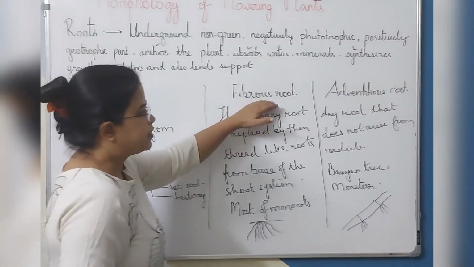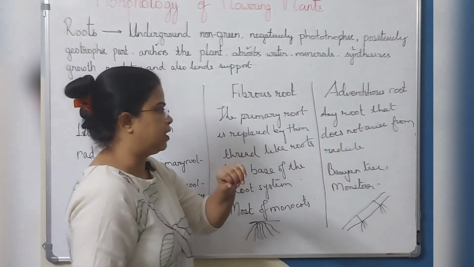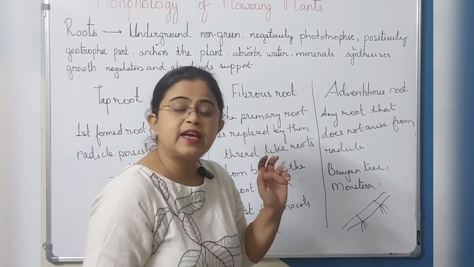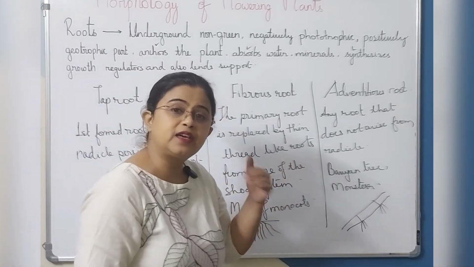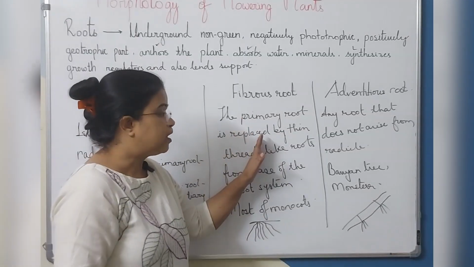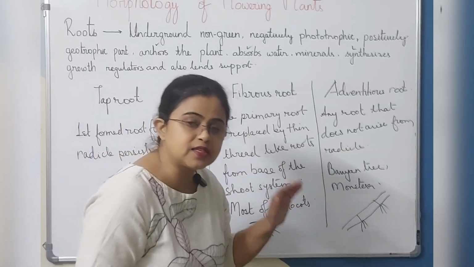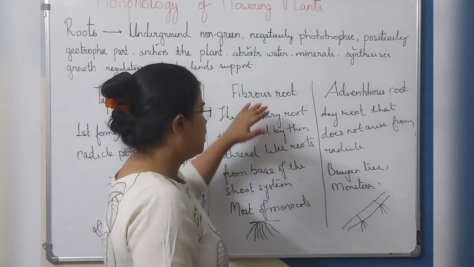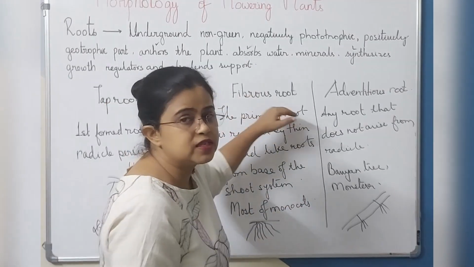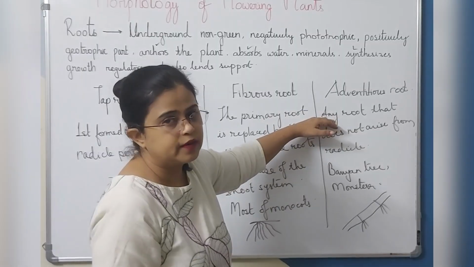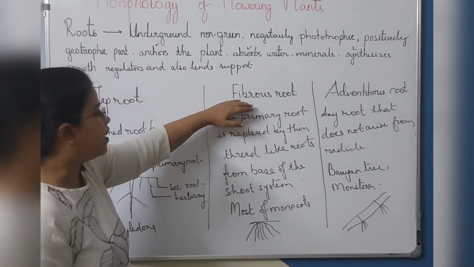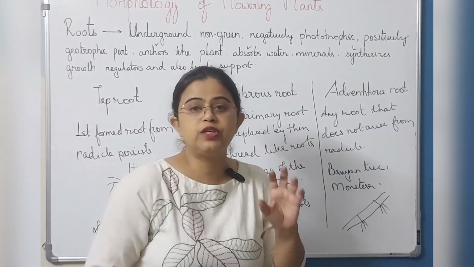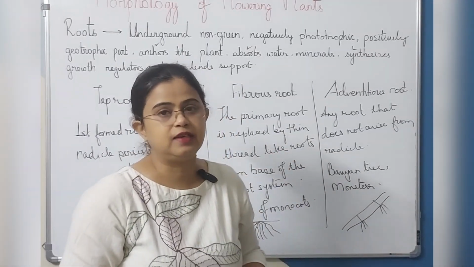If we look at fibrous root and adventitious roots, the fibrous root is also not the root that has come out of the radical. The radical root died. Here the fibrous root is arising from the base of the main stem. So we can argue that fibrous root is a type of adventitious root, right? But fibrous and taproot are the two roots which do the main function of anchoring.